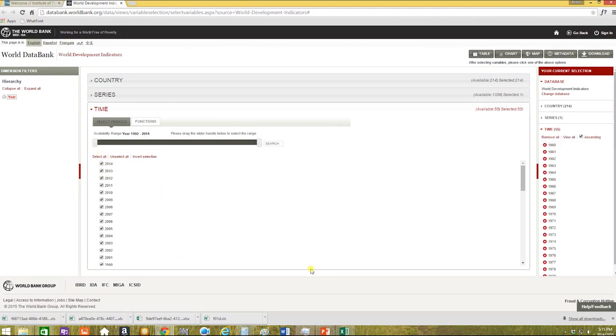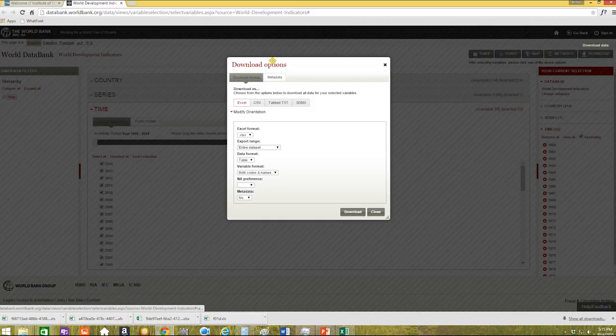You just click on select all, and then at the top here, you can look at all of this data any way you want to, but we're just going to download it. And then this table will pop up. You'll get the choice of format that you want it in. So it's always best just to go for a .xls file, keep it simple. And everything else that's by default is fine. And we just click on download.